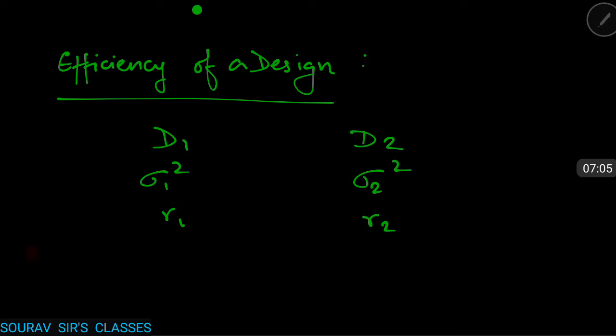Then the variance of the difference between two treatment means is given by 2 sigma 1 square by R1 and 2 sigma 2 square by R2 from D1 and D2 respectively.